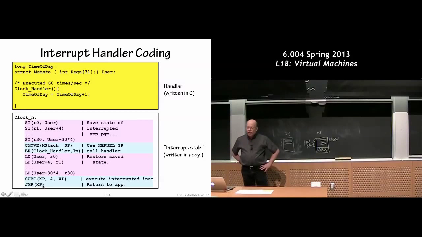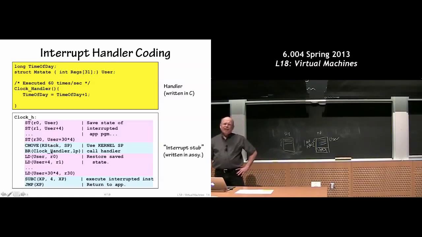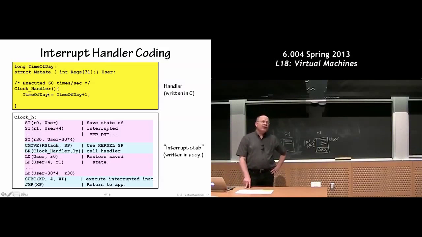Do we have to save all these registers? Could I not save some of them? We have to save the registers that the kernel is going to change, and we don't have to save the registers if the kernel doesn't change them.